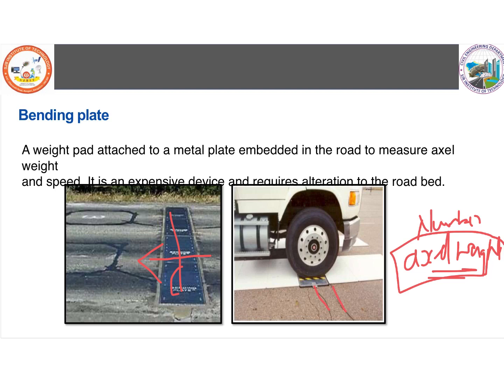I hope you can see the wires here. These will be connected to the recording units. So when the vehicles pass, we can have the details about the axle weight. Depending upon the axle weight, we can guess the type of vehicle, because each category of vehicle carries a different weight.